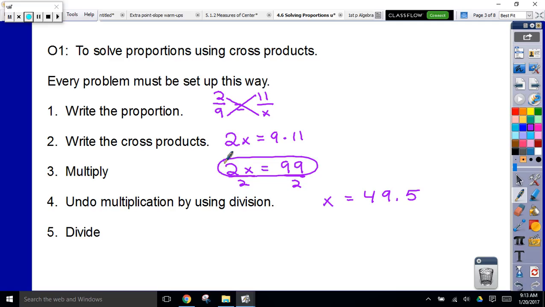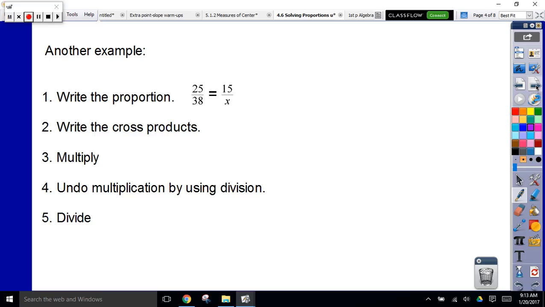Okay, we're going to look at another example together, then you'll have some to try. Okay, so the proportion's already written for us on this example. So first step, we're going to write the cross products. 25 times x equals 15 times 38. Now I'm going to multiply 15 times 38, and you can do that on your calculator.